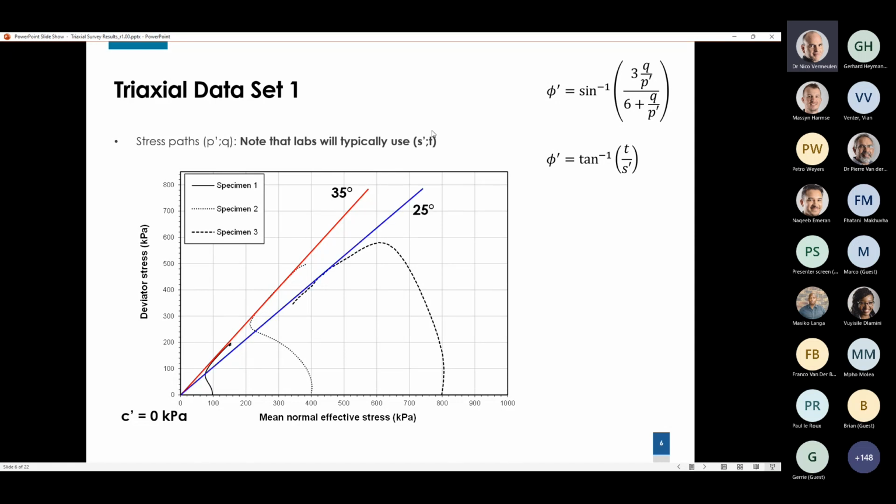But equally well, if we want to focus on the third specimen, we can assume again that the cohesion is 0 and then fit the friction angle through the result of that test. And that's a very wide range of friction angles from 25 degrees to 35 degrees, as Gareth's already mentioned, and there's no change in cohesion to compensate for that. So what is the right answer?